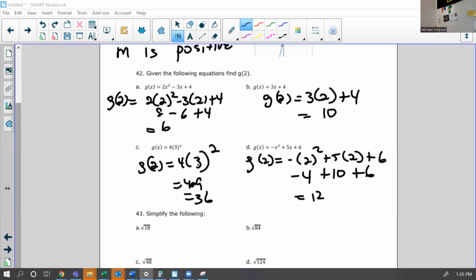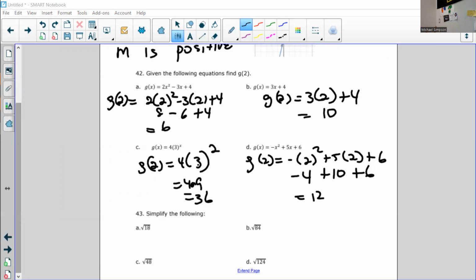Let's see. Move it to the left. All right. There you go. All right. So let me extend the page so we can do this right here.